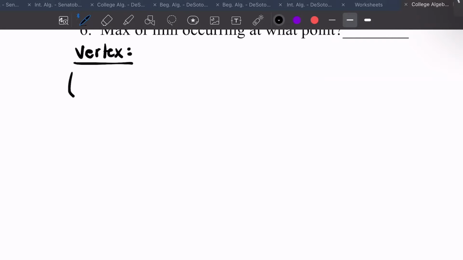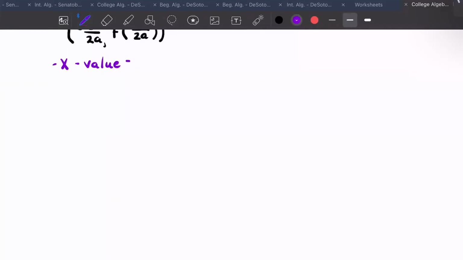All right, again, that's -b over 2a and f of -b over 2a. So we'll do our x value first. Okay, x equals -b over 2a.